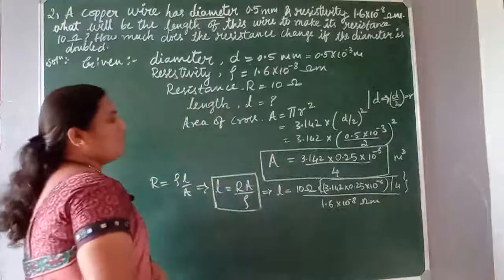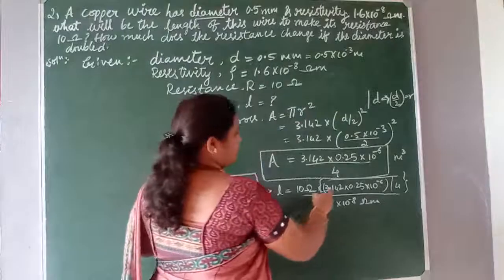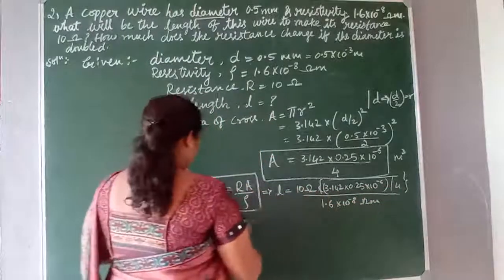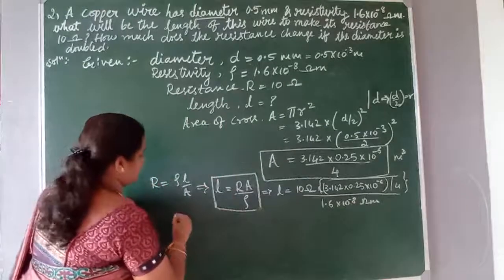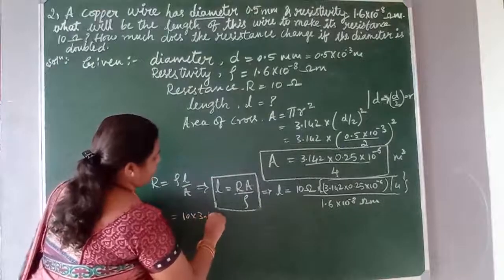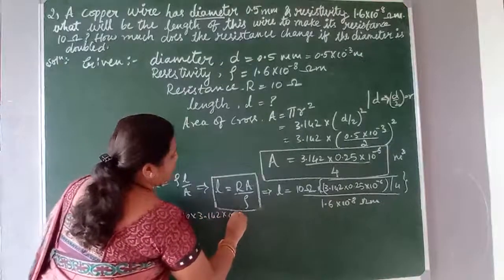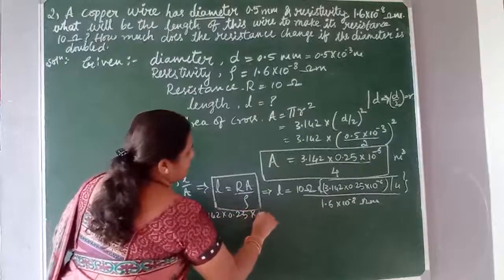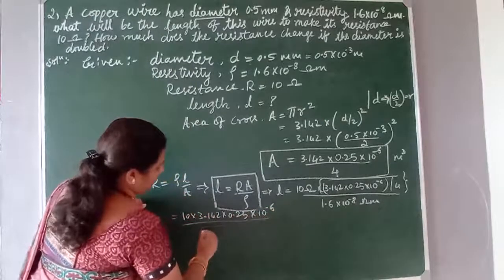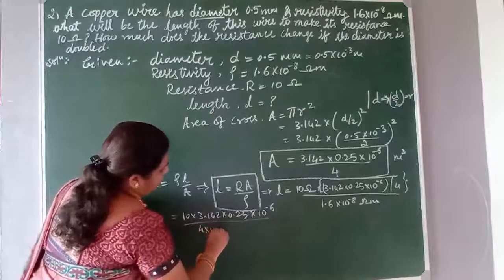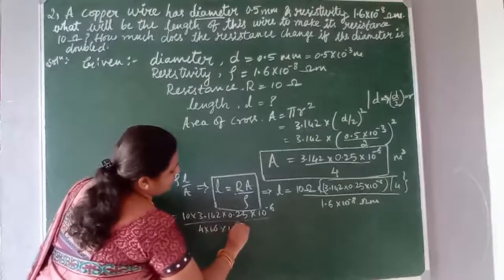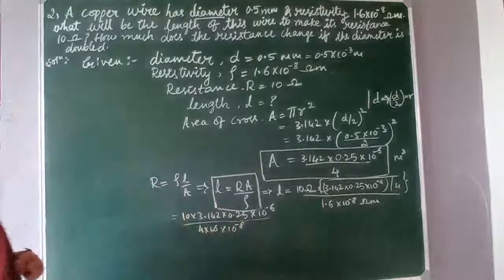Now if this denominator goes down, what will remain in the numerator, children? That is 10 into 3.142 into 0.25 into 10 to the power of minus 6 divided by 4 into 1.6 into 10 to the power of minus 8 has left, children.